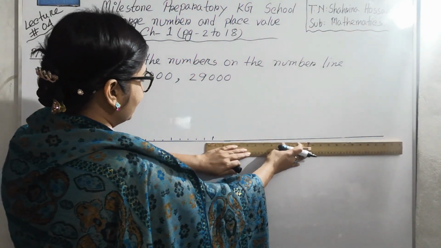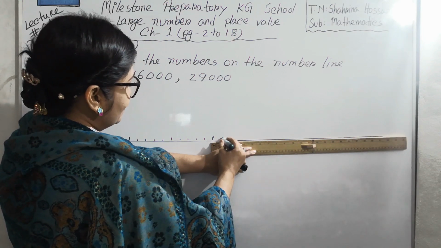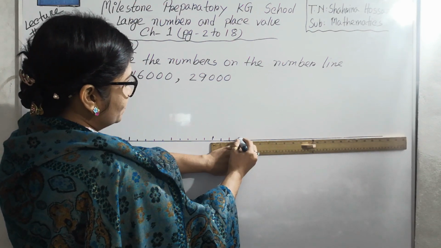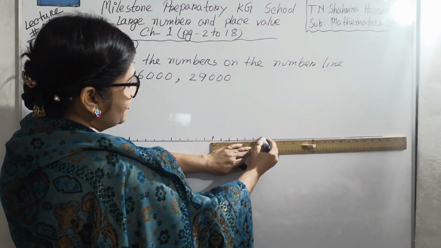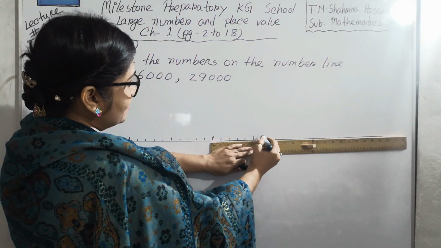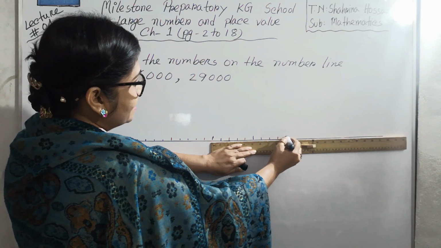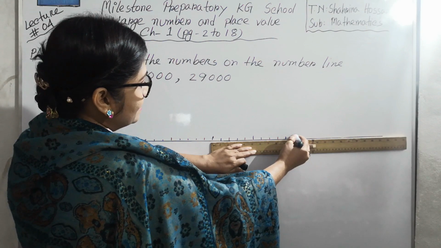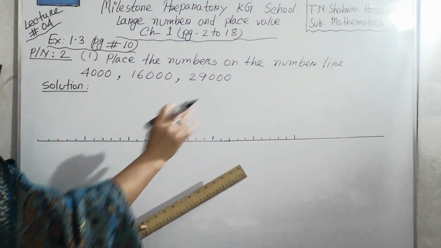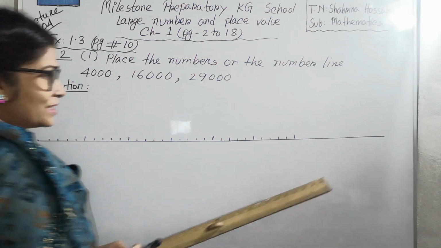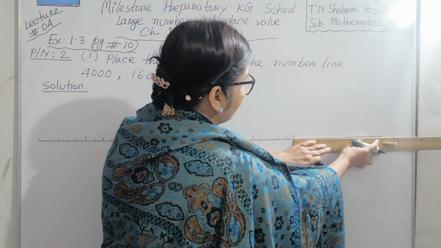Again I will take 1, 2, 3, 4, 5, 6, 7, 8, 9, then 10. By this way we can take more. I can take a little bit more here.